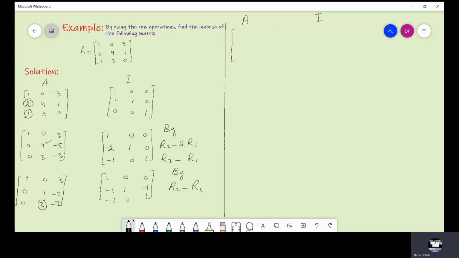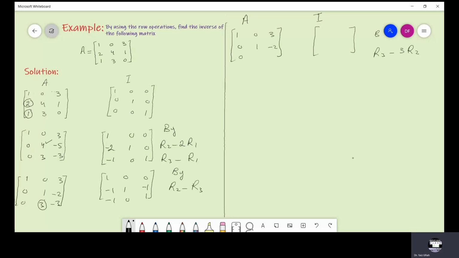And now we can perform the row operation R3 minus 3 R2. So we get 1, 0, 3, 0, 1, minus 2.